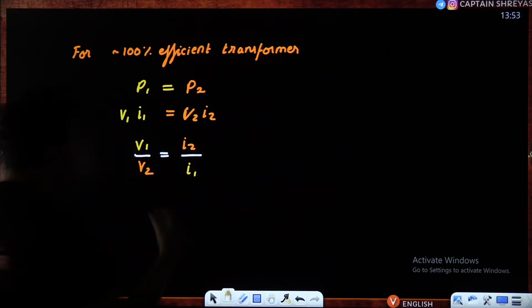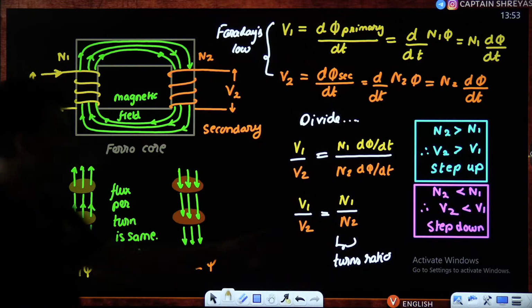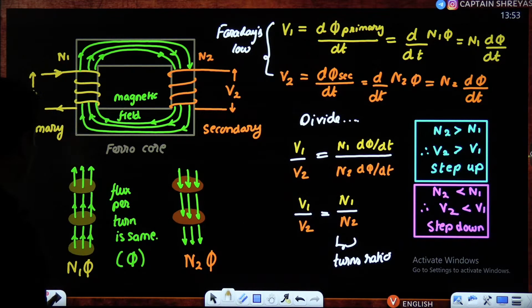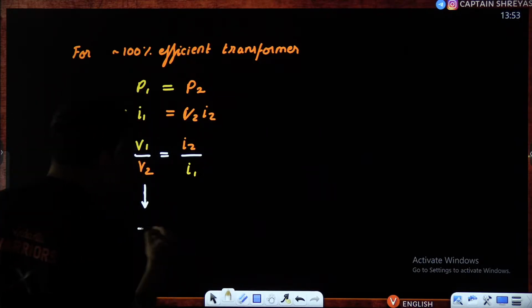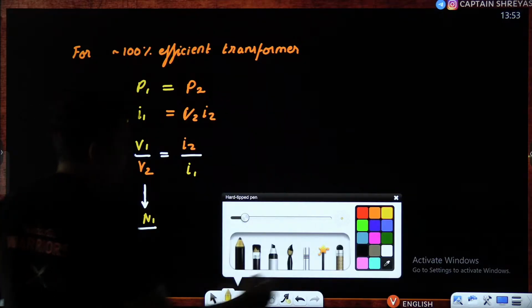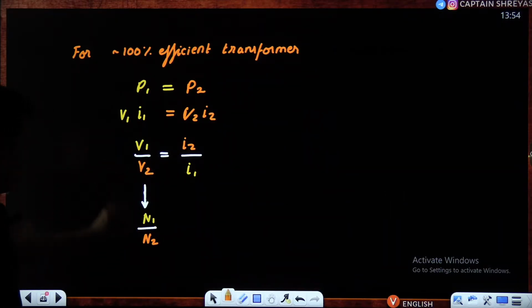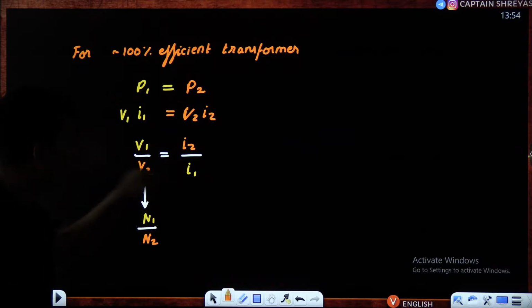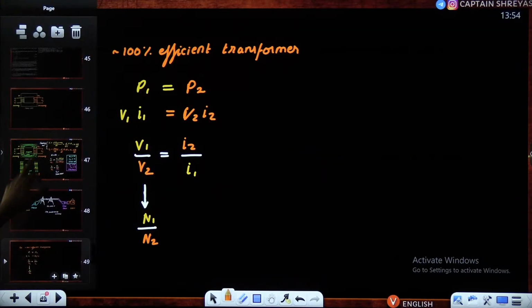And if I recollect clearly, V1 by V2 was N1 by N2. So you will notice that when voltage increases, current decreases. When voltage decreases, current increases. Yes, it is inversely related.